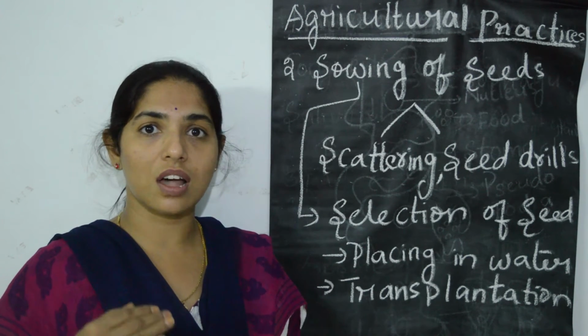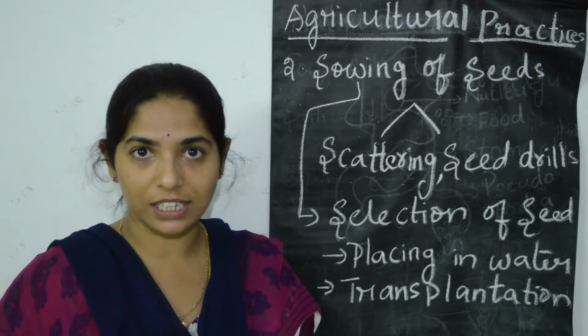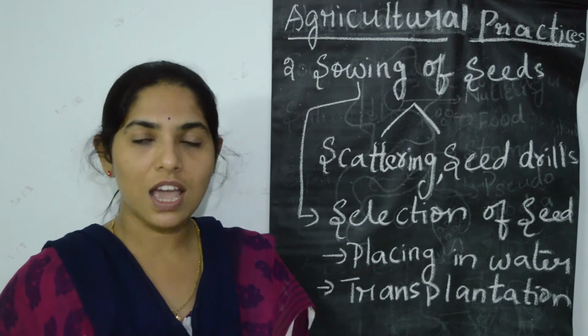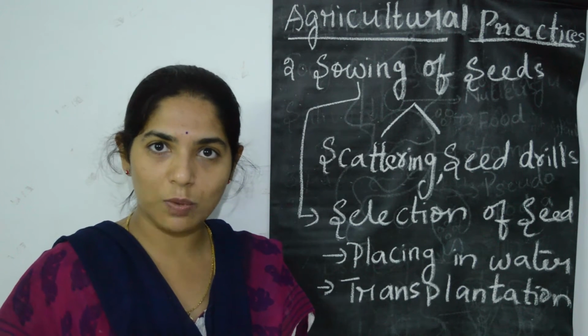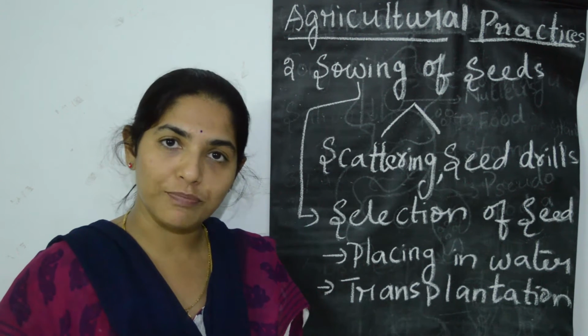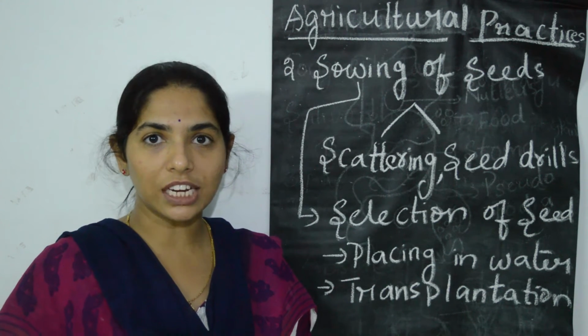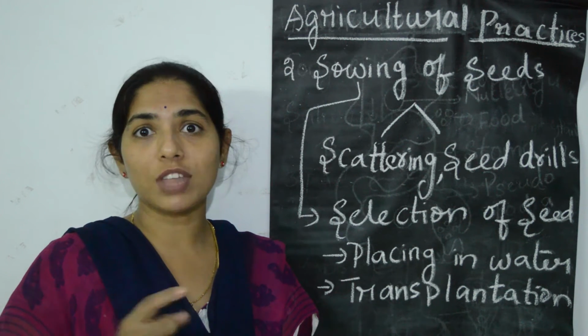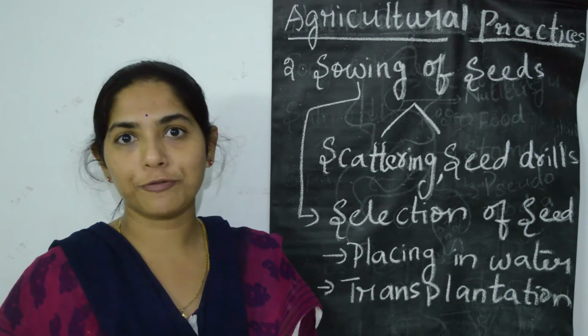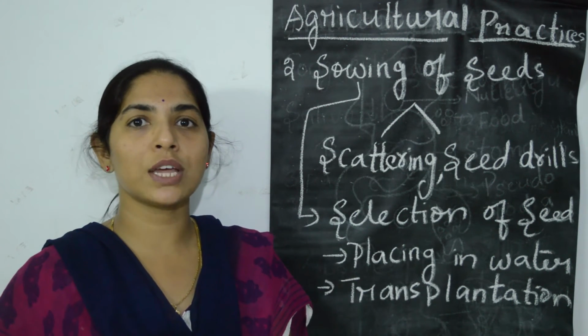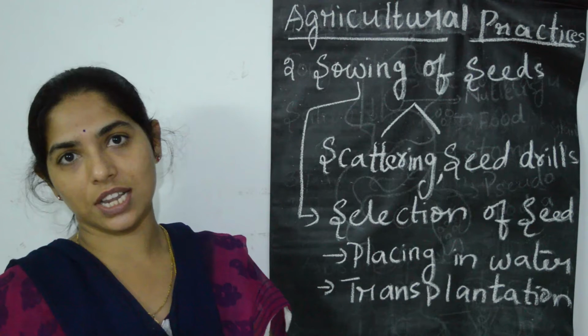Once the seeds have developed into seedlings or small saplings, the healthy ones are chosen, and from there these seedlings are shifted from the nursery to the actual field. So this is another way of selecting the seeds.